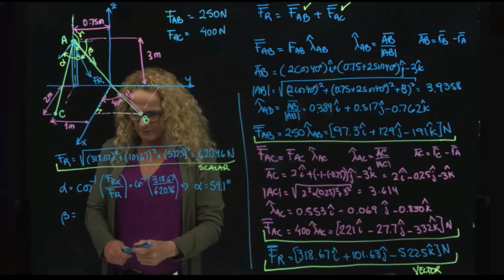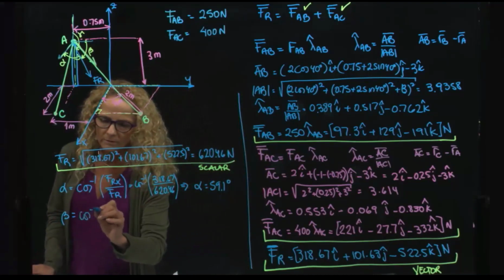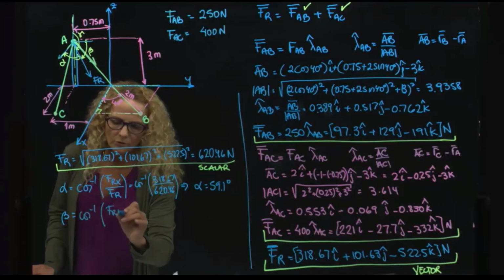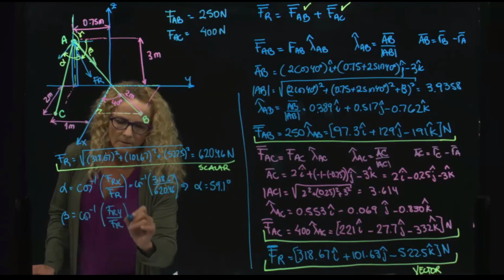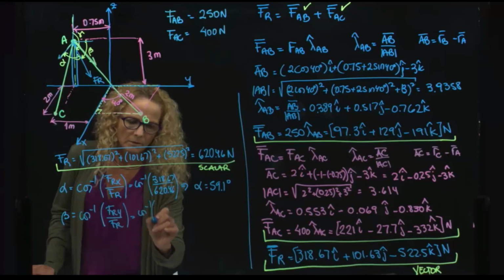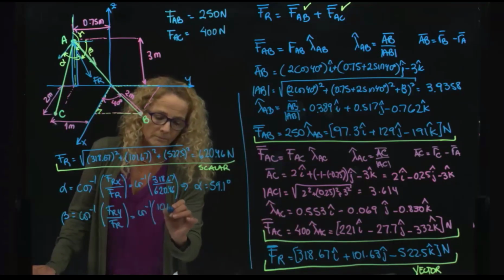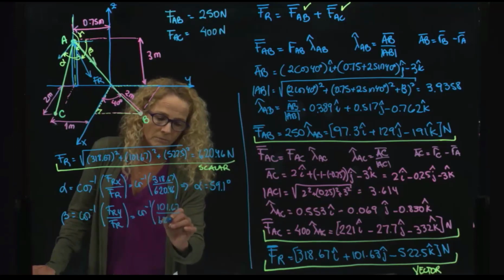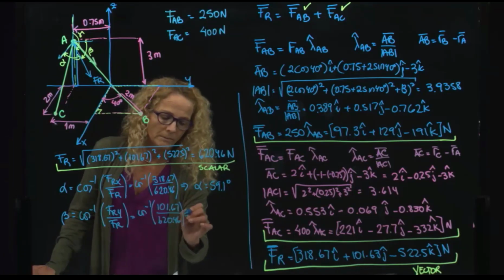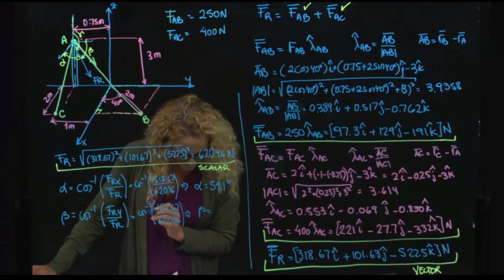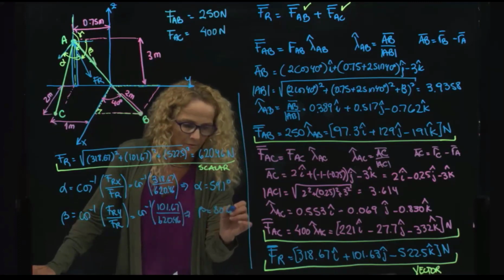It gets a little bit crowded, the drawing, so that will be the cosine inverse of, this is a positive value as well. And beta gives me a value of 80.6.